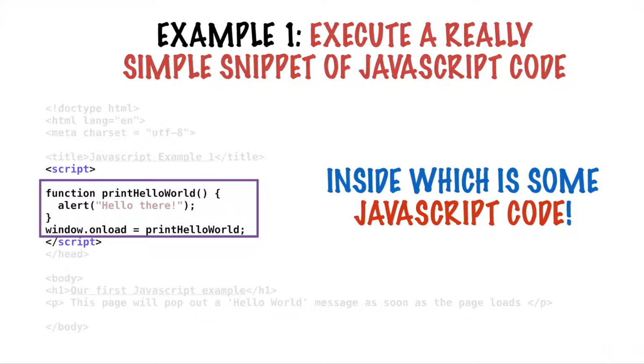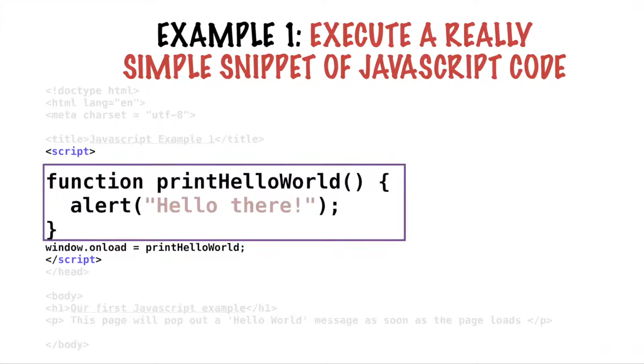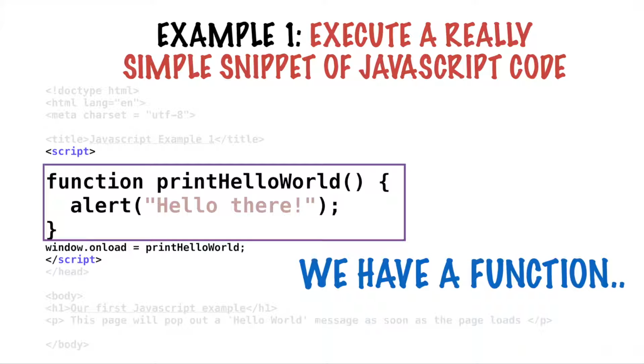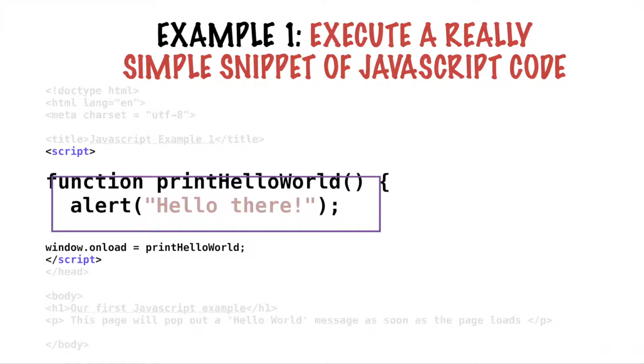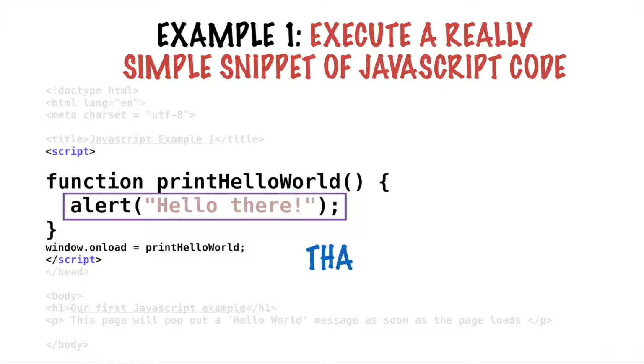This is JavaScript. This is how it looks. It's a programming language. So what is this JavaScript code trying to do? The very first thing that we notice here is this, which says function printHelloWorld. So we have a function defined in JavaScript, just like you can see on screen.